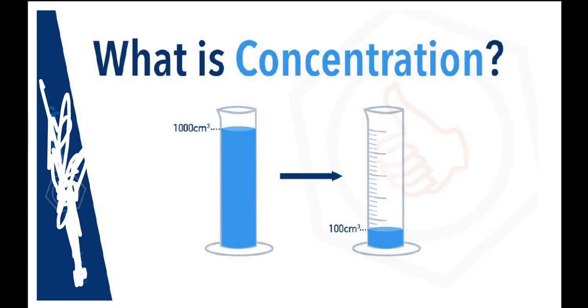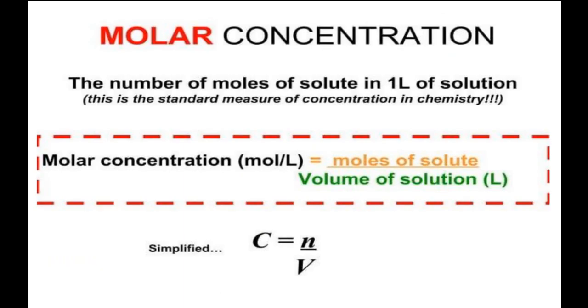So molar concentration, also known as molarity, let me write it like that. It is defined as the number of moles of solute in 1 liter of a solution. This is the standard measure of concentration in chemistry.